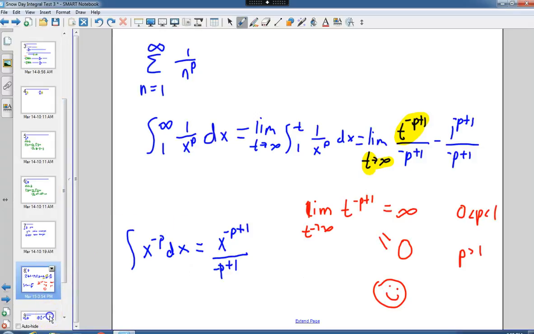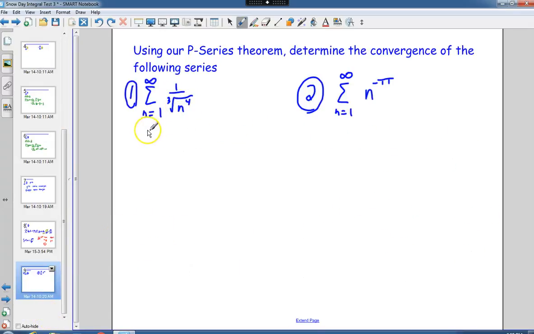To show you quickly an example, we can look at example number 1. We want to use our p-series theorem to determine the convergence of this particular series. When you initially inspect it, it may not pop out as being a p-series, but remember, radicals we can rewrite as a power. That power in the denominator would be 4/3.